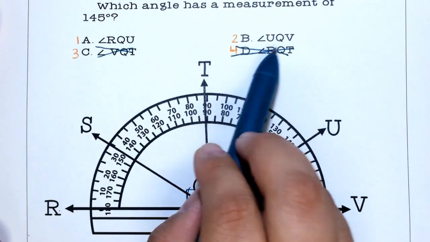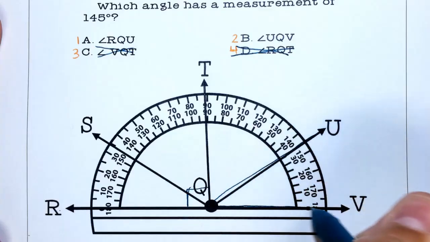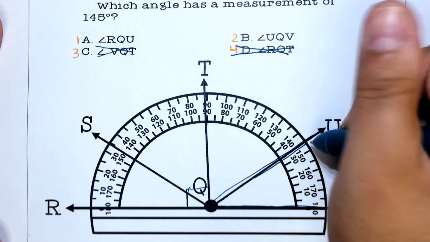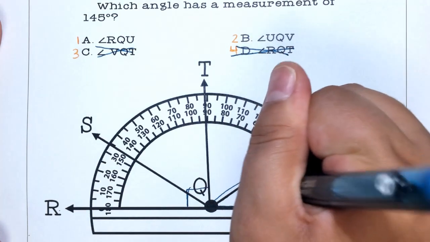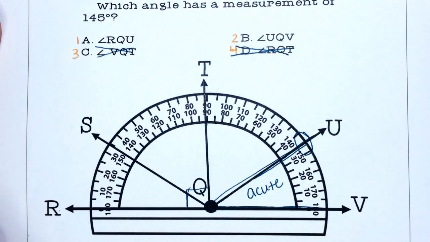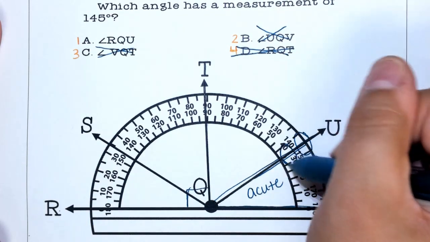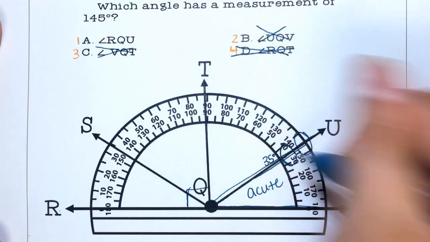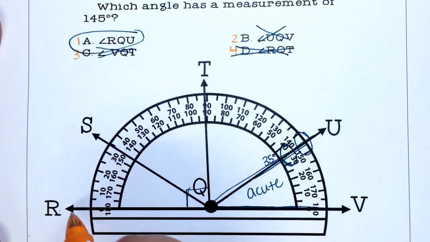UQV, U to Q to V, is actually not the answer, but it goes through 145. Why is that not the answer? Because it's an acute angle. Should an acute angle be more than 90? No. So that's why you had to look at this one. That one's actually 35 degrees. And the answer was number 1, RQU.